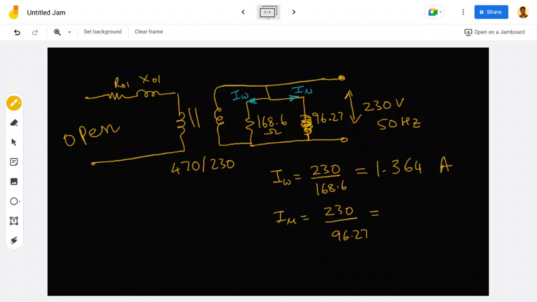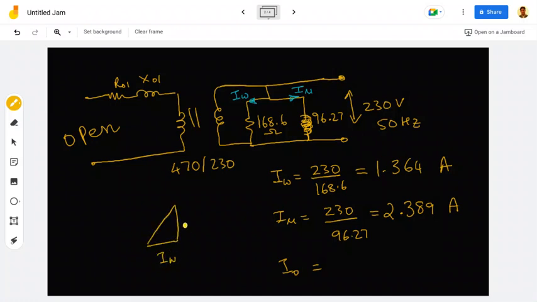Similarly, for the second one, 230 divided by 96.27, I'm getting 2.389 amperes. So this is the working component and this is the magnetizing component. These two are 90 degrees with each other. So to get the I naught, I can simply square these two and then take the square root.